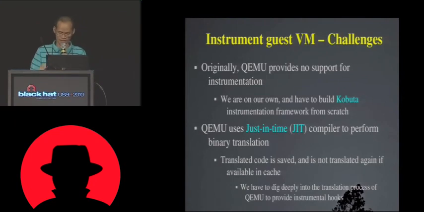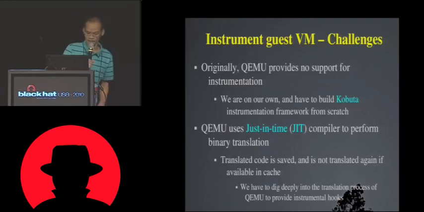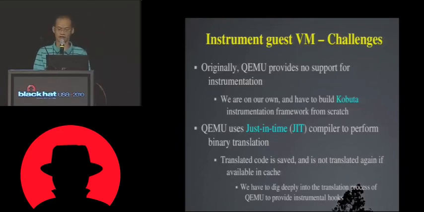This just-in-time compiler makes the binary translation process very complicated and hard to understand. The compiler first translates code into the cache, and the translated code is saved, and that code will not be translated again if it's available in the cache.